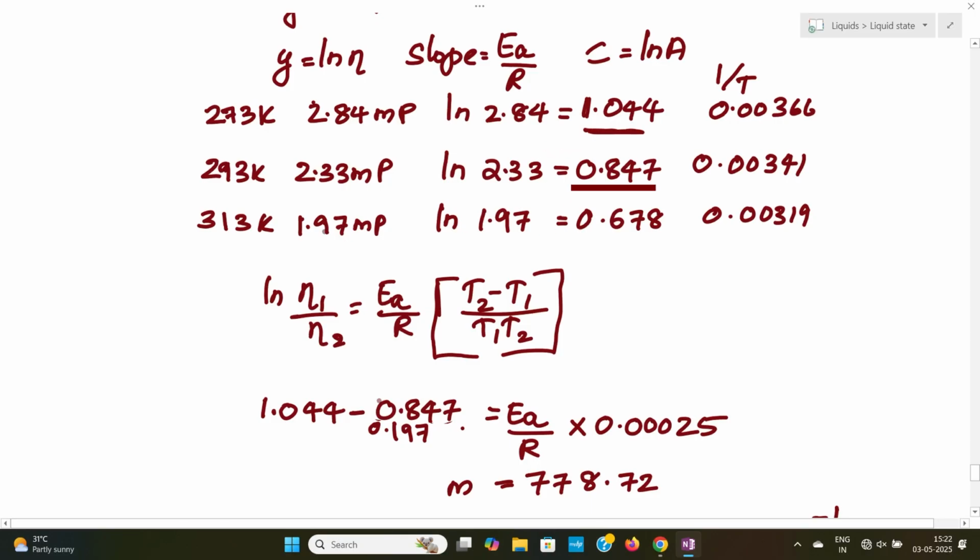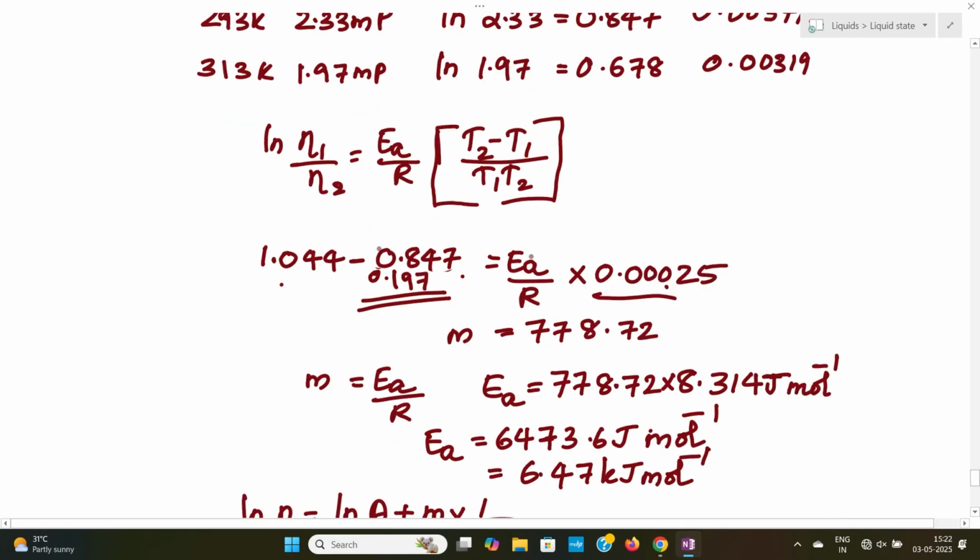And when we subtract 0.847 from 1.044, we'll get the value as 0.197. Then that is equal to EA by R and T2 minus T1 divided by T1 T2. When we do the calculation, we'll get the value as 0.00025.